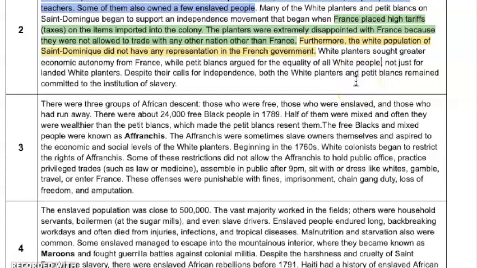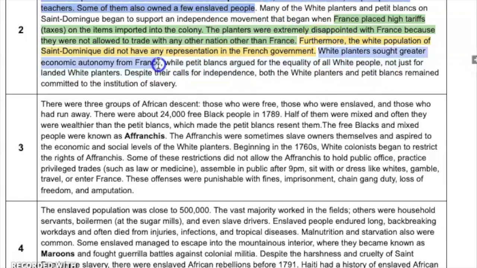So this is a lot of information in this first paragraph, but we see that the highest class in Haiti, the Petit Blancs and the white planters, all of these individuals would identify as white. So this is still within the highest powered people who identify as white. They even have reason to want to have a revolution against France, but their reasons or motives were a little bit different.